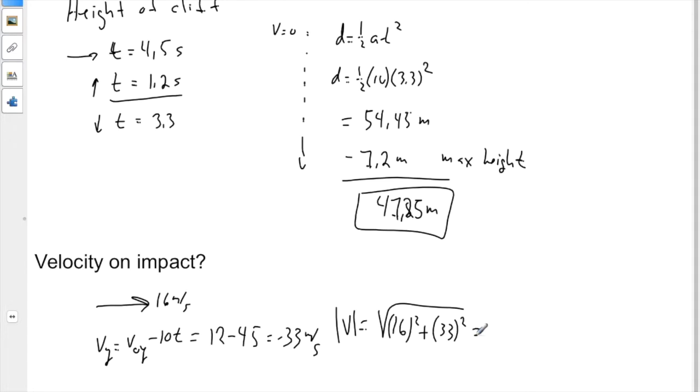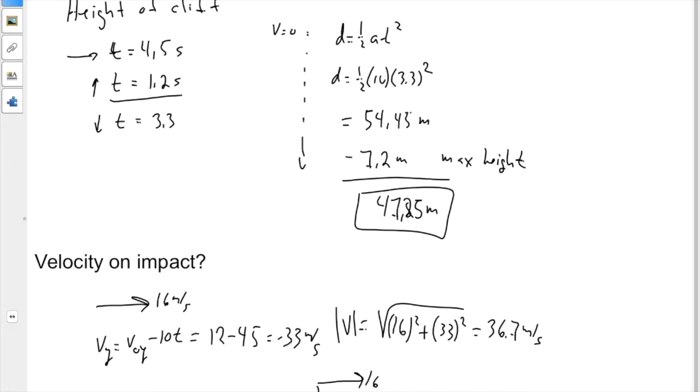Hold on a second. So I get a velocity of 36.7 meters per second. And again, I've got 16 in this direction, not drawn to scale, and 33 in that direction.